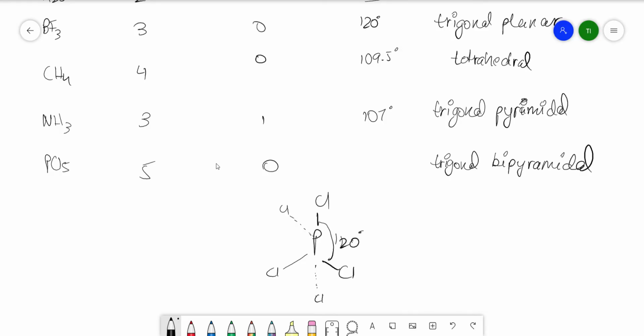And the bond angle between the one going above or below the plane and the other Cl is 90 degrees because they're perpendicular to each other. And the bond angle between the two going above and below the plane is 180 degrees. So there are multiple bond angles for this one, but the most common ones are 120 degrees and 90 degrees. Whichever you write is correct, but you must specify between which bonds the bond angle is.